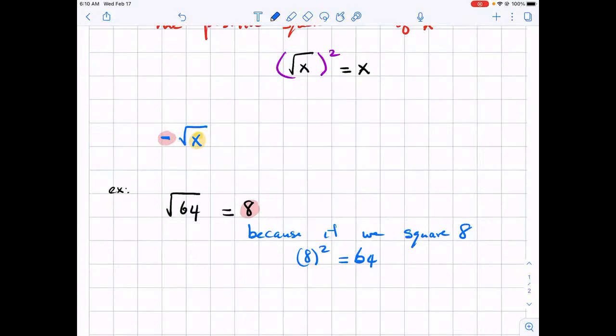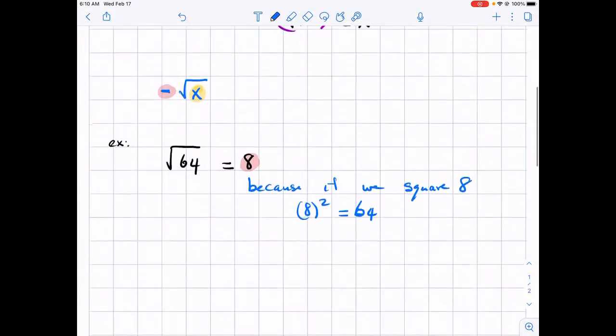In addition, if we have minus the square root of 64, this would be equal to, well, we know that the square root of 64, just this part, is 8.